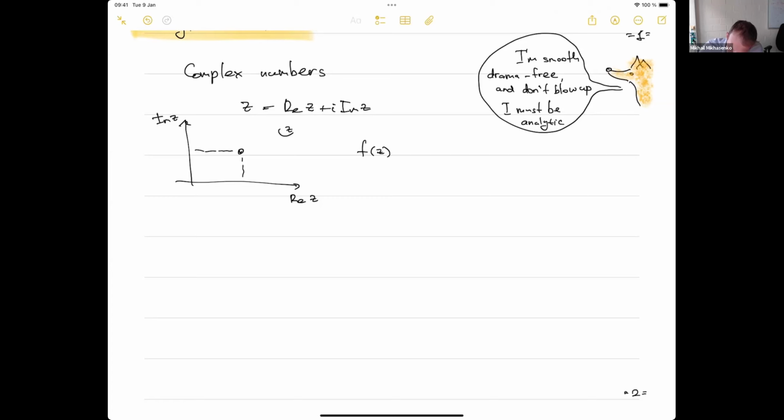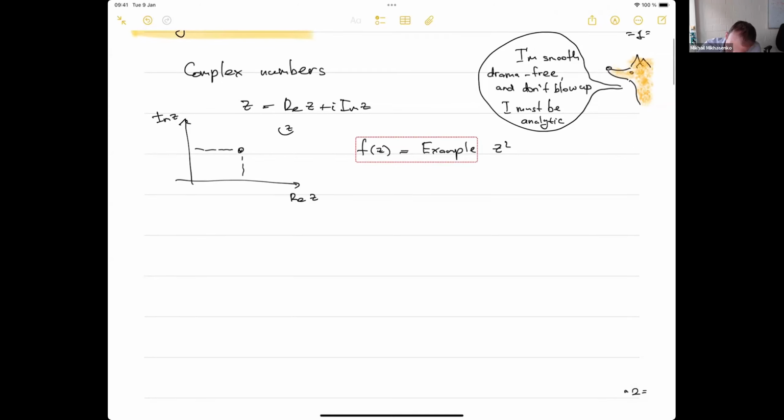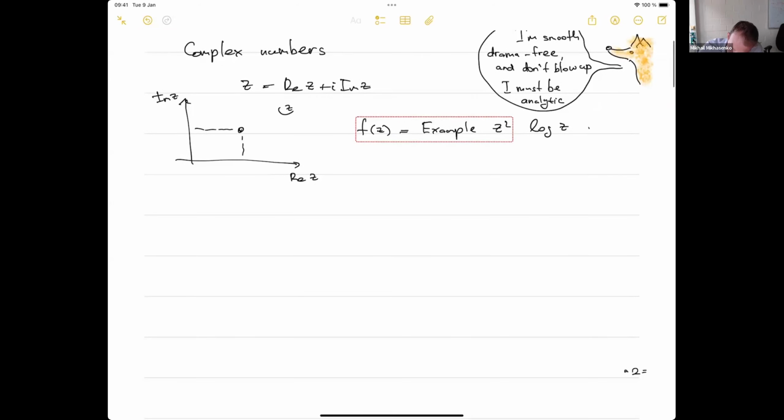The function prescribes the operation that we have to do, and there are millions of examples. Let's say z squared is a complex function, or log z, or the square root of z. Essentially, whatever you can think of is a complex function.